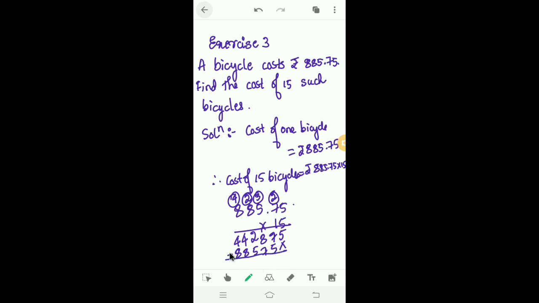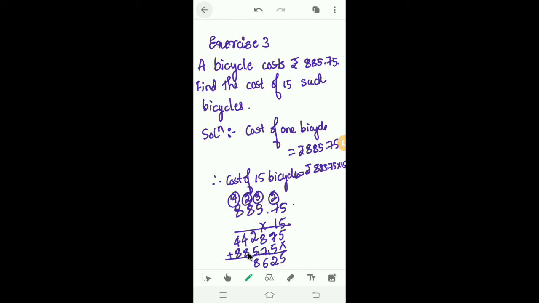Next we have to add both the products. 5, 7 plus 5 is 12, so I will write 2 here and 1 carry. 8 plus 7 is 15, 15 plus 1 is 16, so I will write 6 here and 1 carry. 2 plus 5 is 7, 7 plus 1 is 8.